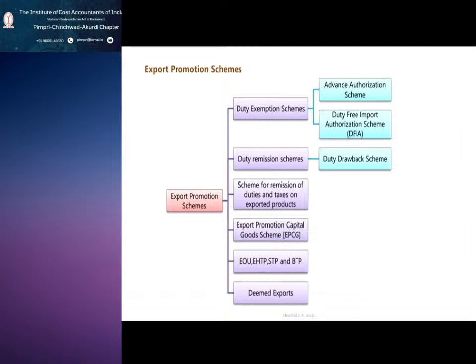Then we have duty remission schemes, the scheme for remission of duties and taxes on exported products, that is RoDTEP. Then we have EPCG, then export oriented units, STP, BTP, EHTP, that is hardware technology park, software technology park, biotechnology park, and deemed exports.